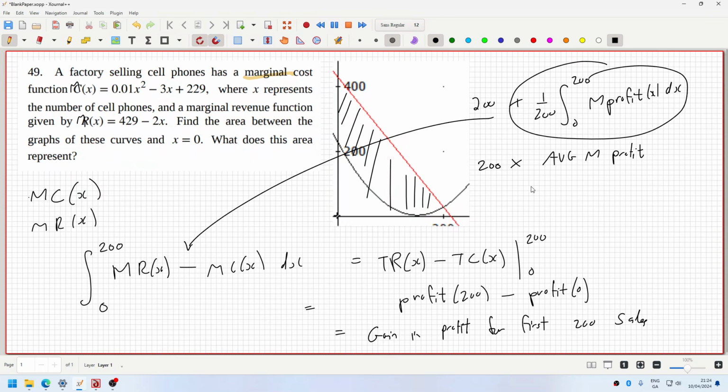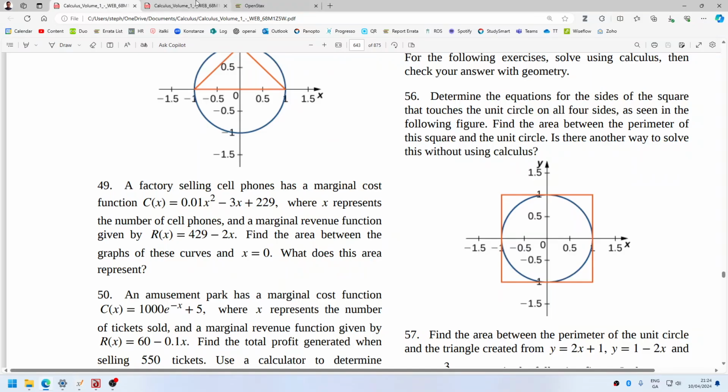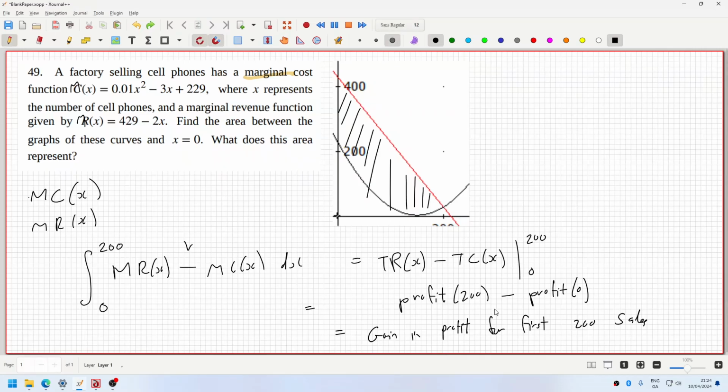So 200 times the average profit per cell phone for the first 200 cell phones. So I'm not sure exactly how they would want us to interpret this. So let's see what they say at the back. Total profit for 200 cell phones sold.